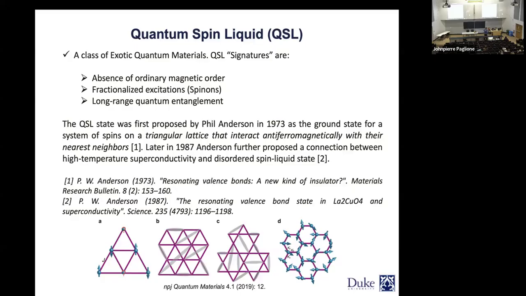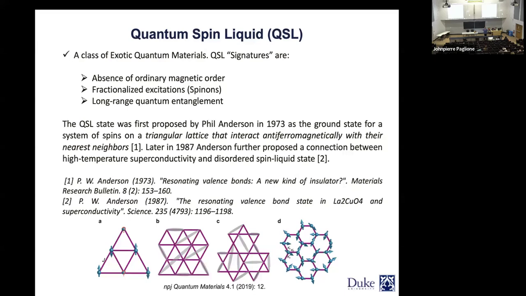One of the main characteristics is that a quantum spin liquid is one of those frustrated systems that doesn't want to order. So its ground state is very much disordered. Even though the ground state is disordered, that disordered state also has very strong entanglement associated with it.